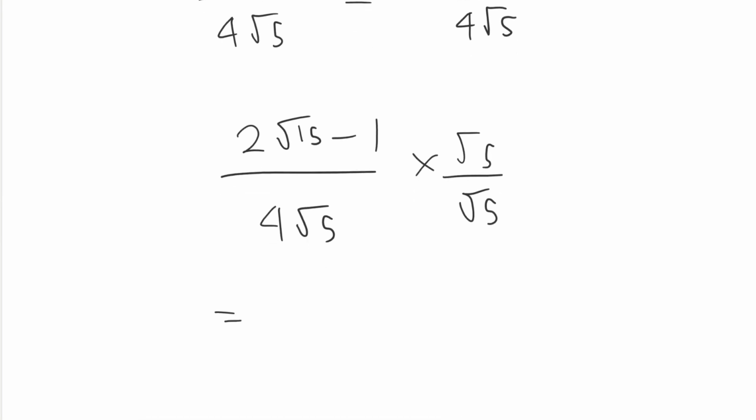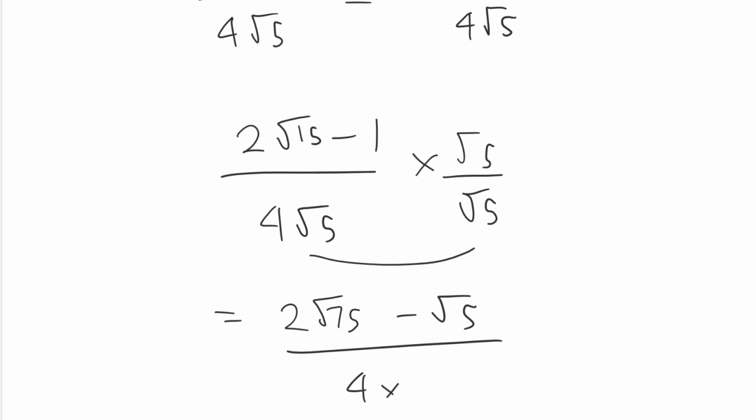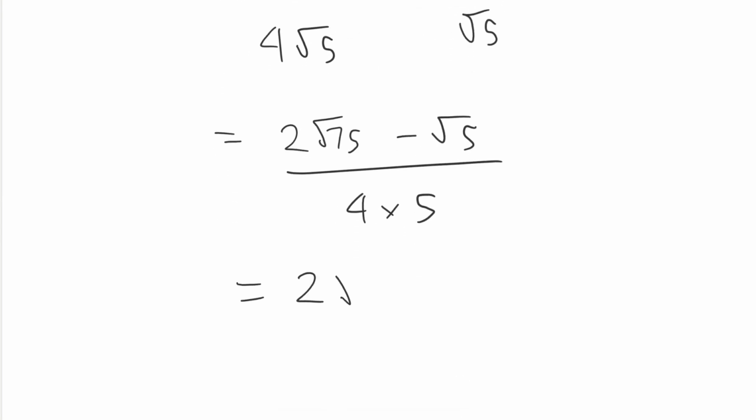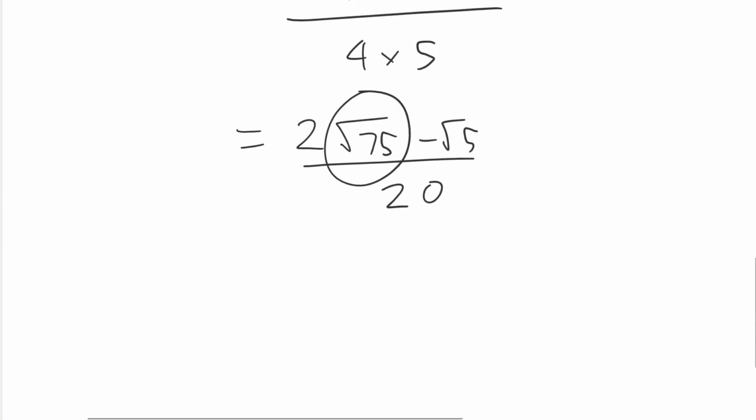So we get 2 root 75 minus root 5 on 4 times root 5 times root 5, which is just 5, so therefore it's 4 times 5, and that simplifies to 2 root 75 minus root 5 on 20, and then we can further simplify this root 75.